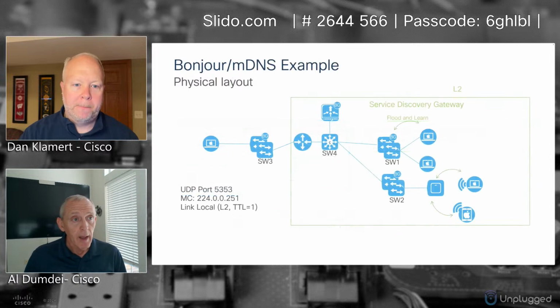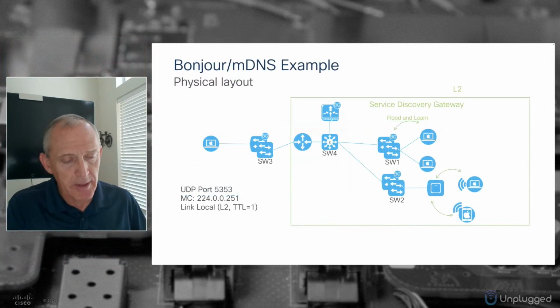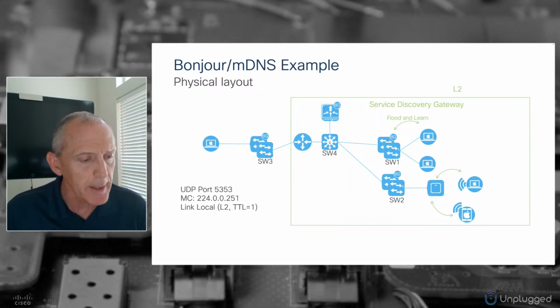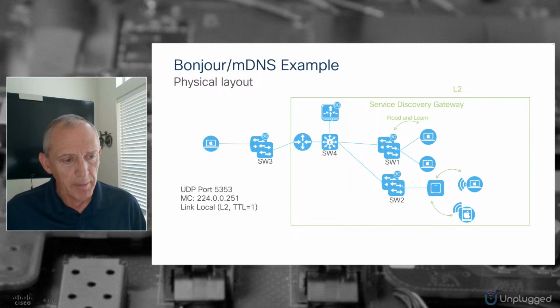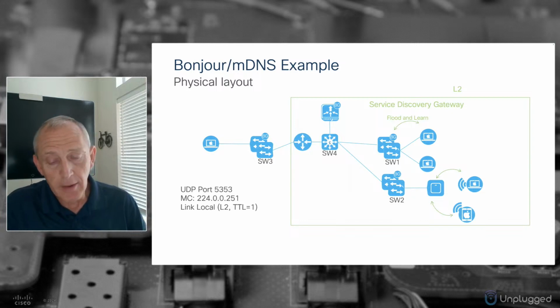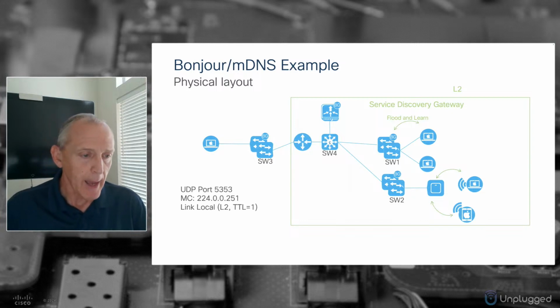Thanks. All right. So now let's jump into mDNS, right? This is a little bit different. And again, you probably hear this called Bonjour sometimes. Sometimes you'll hear it called mDNS. A couple things are unique about mDNS: UDP port 5353, multicast address, which is a link local address of 224.0.0.251.